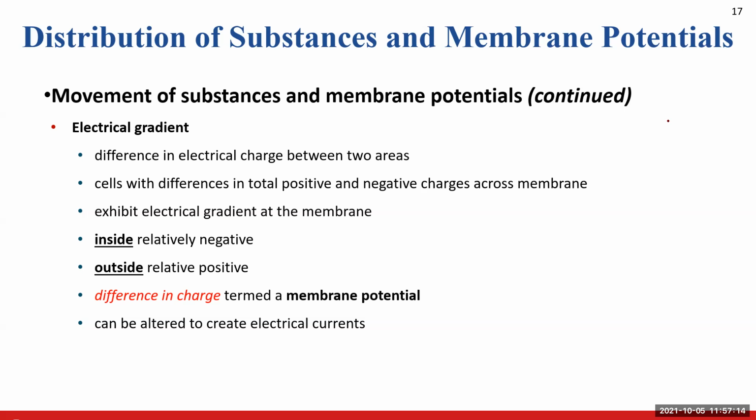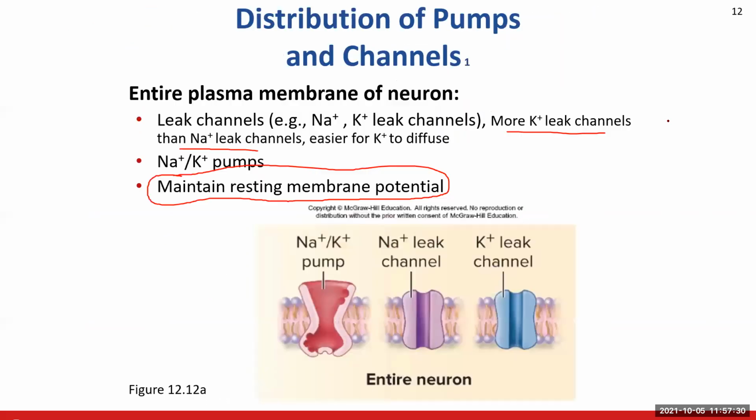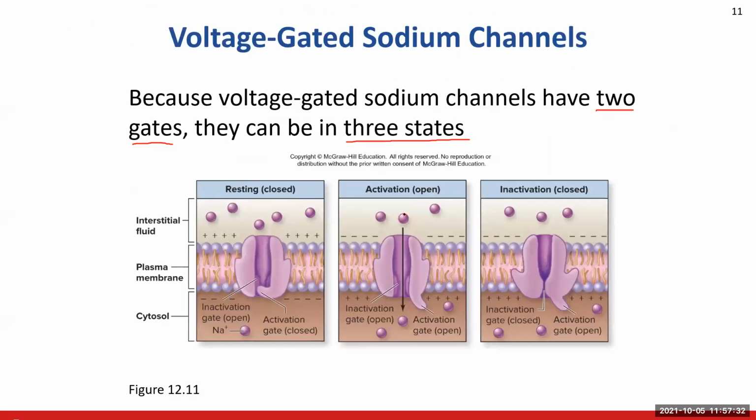electrical charges. So to start off, I want to talk about what's called the electrical gradient. The definition of the electrical gradient is the difference in electrical charge between two areas. Now you saw in that one drawing way back when, I made mention how the outside of the cell was positive and the inside of the cell was negative.